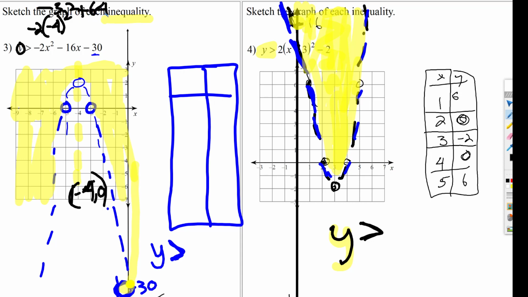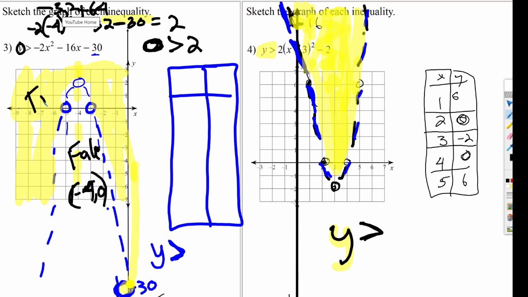Negative 32 plus positive 64 is 32. 32 subtract 30 is positive 2. Is 0 greater than positive 2? False. And notice we did not shade inside. So all of this stuff, we could try any one of these coordinate points and it will make that inequality true. All right, that's it for this one.